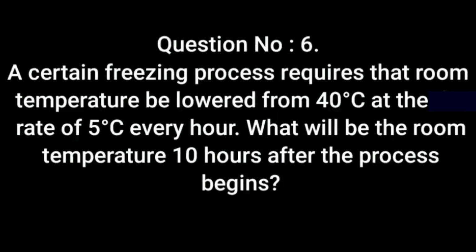The initial room temperature before beginning the freezing process is 40 degrees Celsius. After beginning the freezing process, the room temperature decreases at 5 degrees Celsius per hour. The question is, what will be the room temperature 10 hours after the freezing process begins?